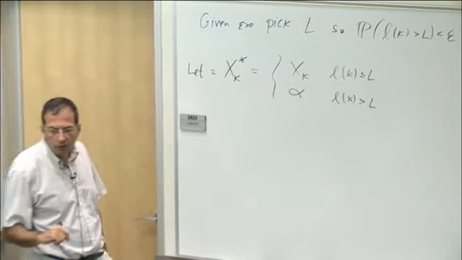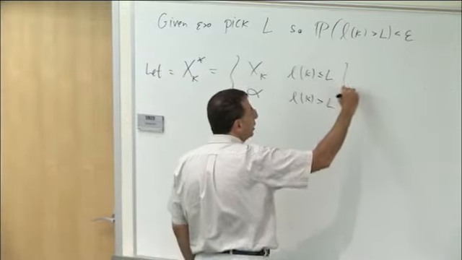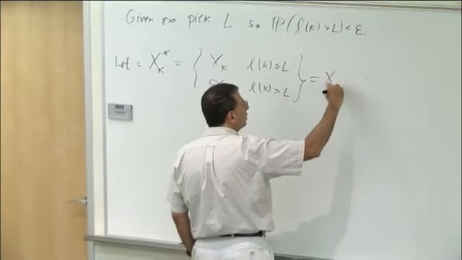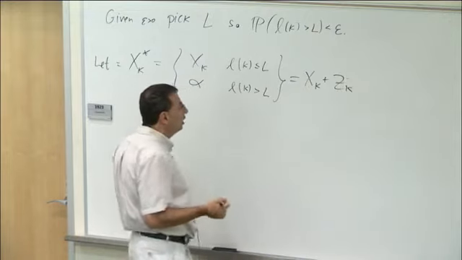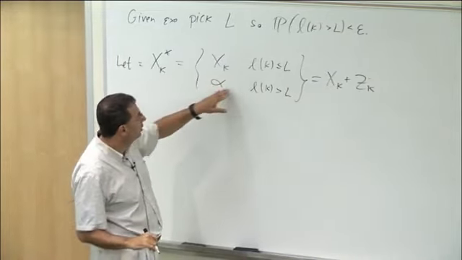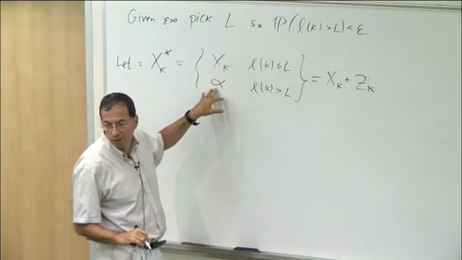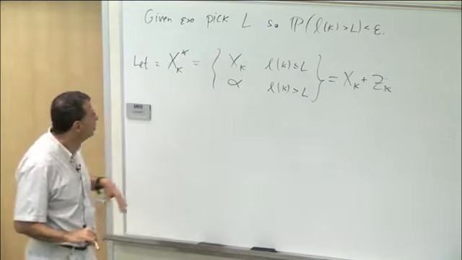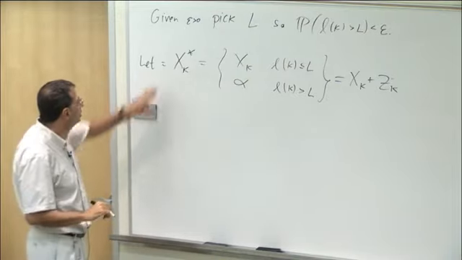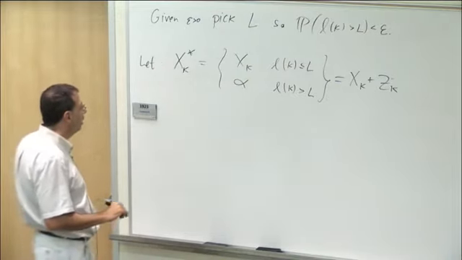This is the modified process x_k star, and I want to write it as x_k plus z_k. So z_k is usually 0, and just when we are in the bad case, z_k will be alpha minus x_k.